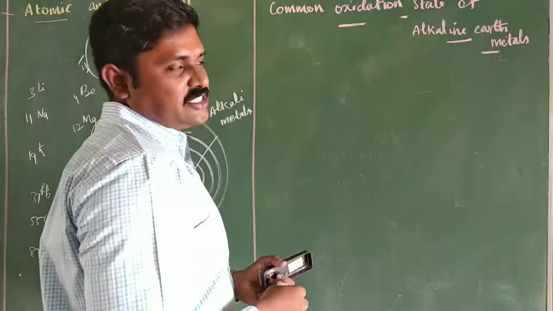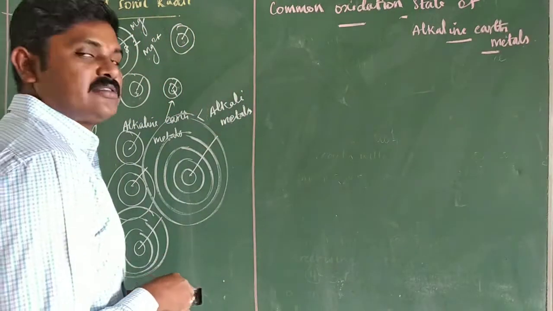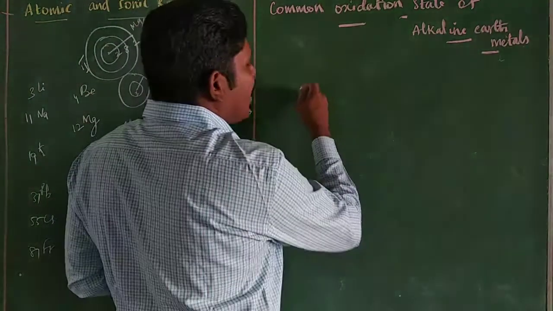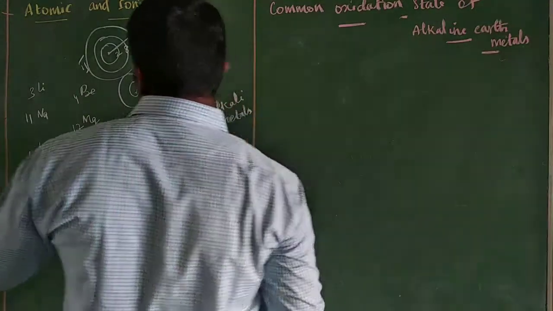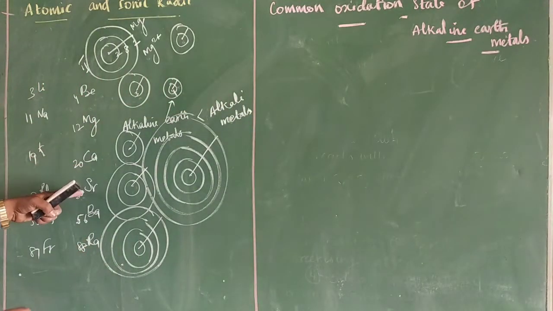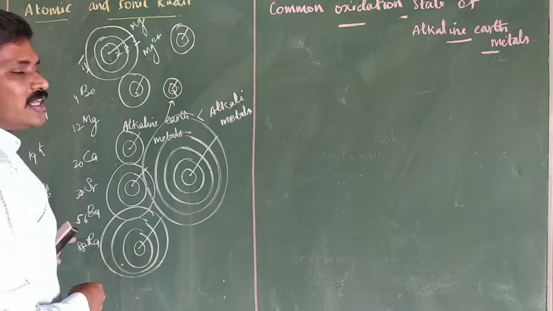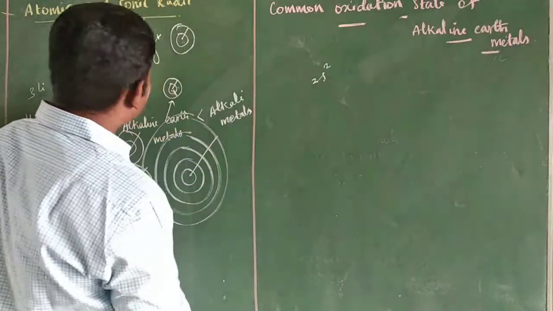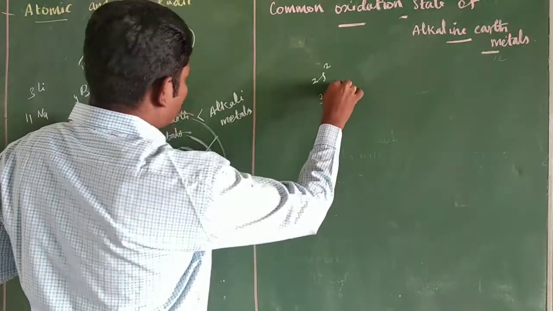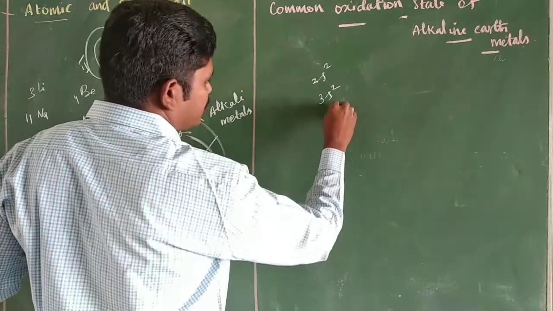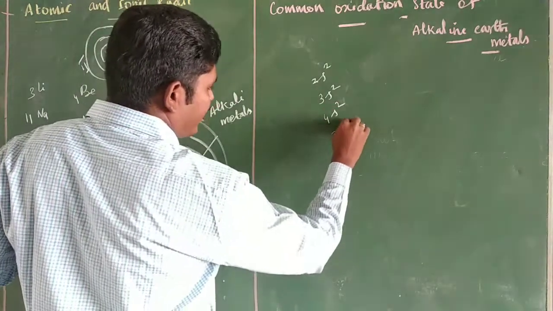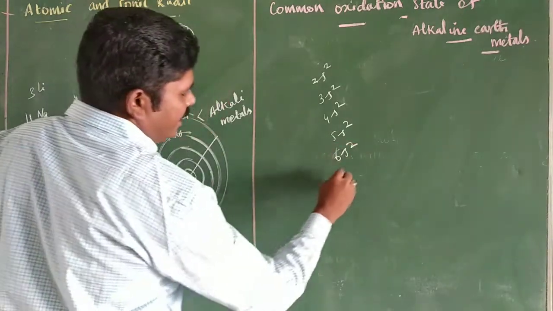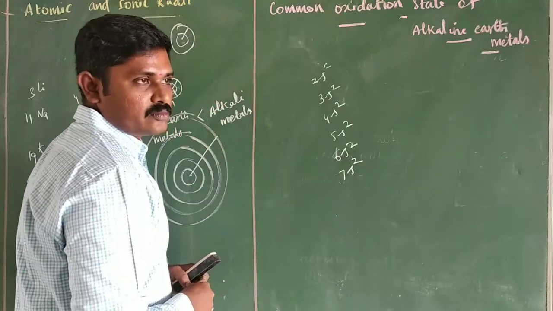In all the alkaline earth metals, beryllium, magnesium, calcium, strontium, barium, radium, the valence electrons are 2s2, 3s2, 4s2, 5s2, 6s2, and 7s2.